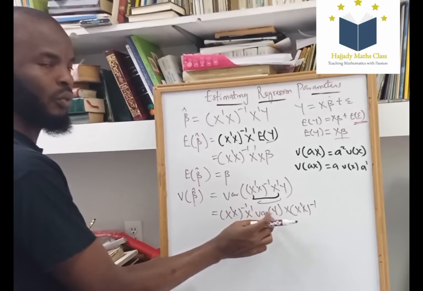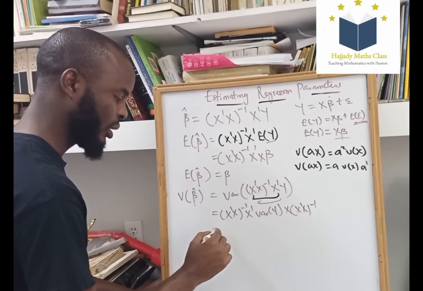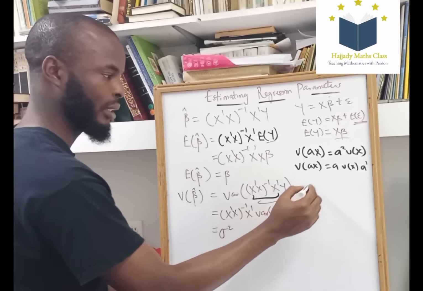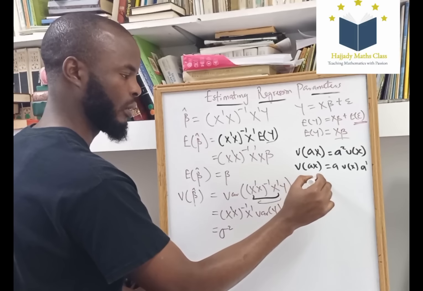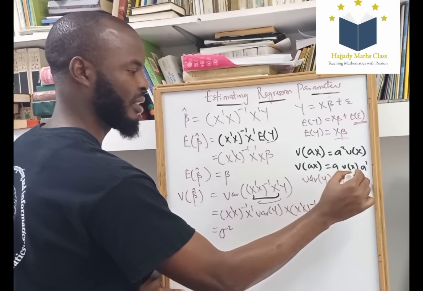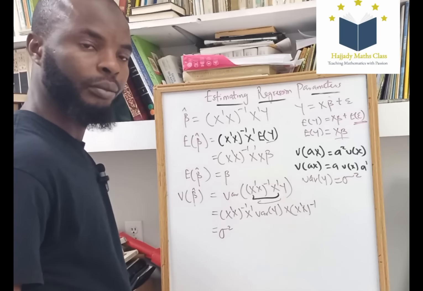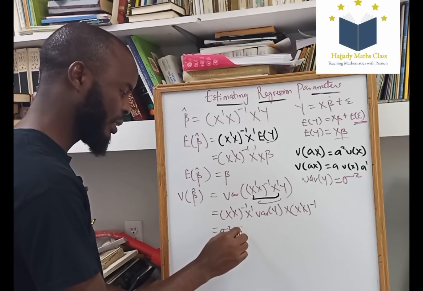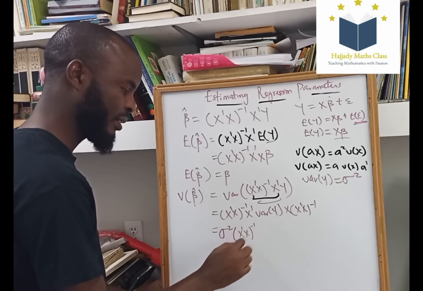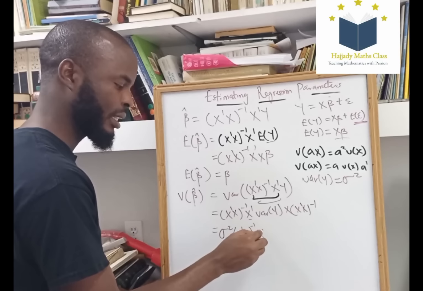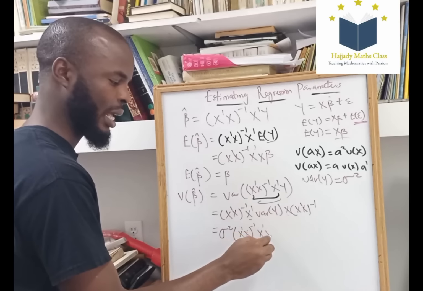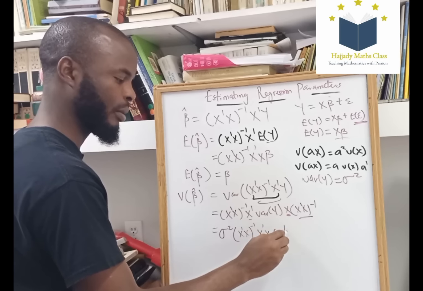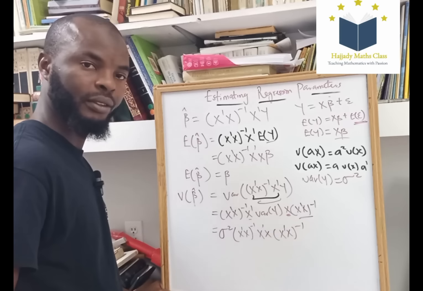Don't forget that the variance of y is the same thing as sigma squared. So I can have this as sigma squared. So here I have my X prime X inverse X prime, then I'm having my X here, and here I'm having my X prime X inverse.